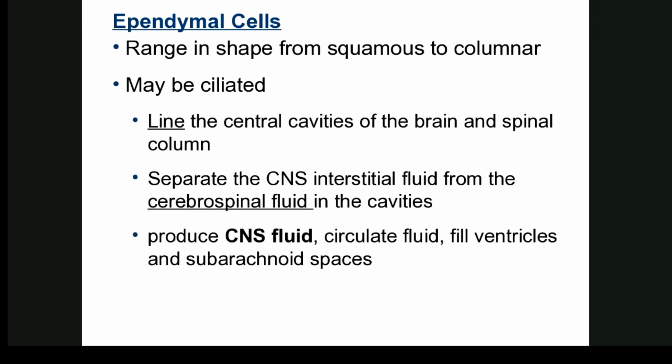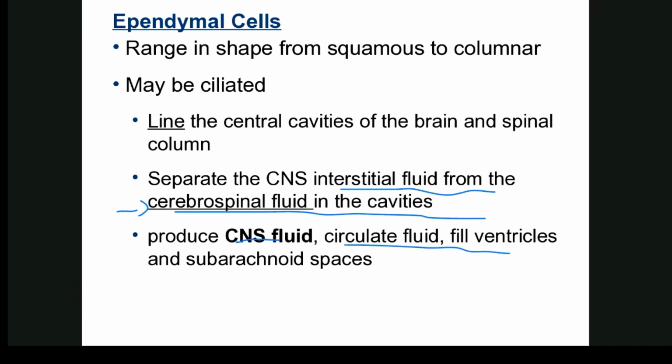Ependymal cells, basically squamous to columnar, possibly ciliated cells that line the central cavities of the brain, the spinal cord. They separate the central nervous system interstitial fluid from the cerebral spinal fluid in the cavities, and they produce and circulate the cerebral spinal fluid.